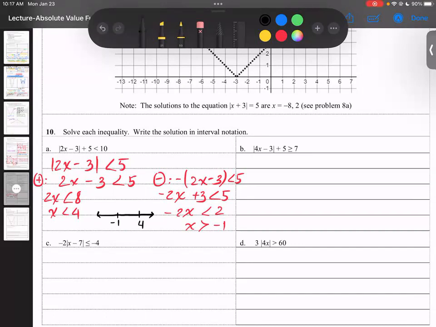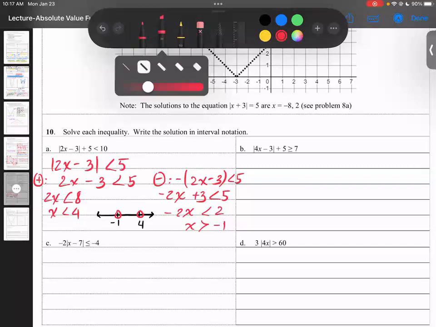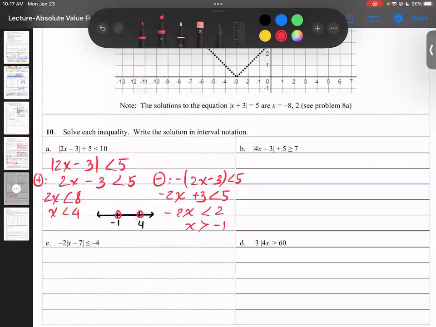Are negative 1 and 4 included? No, so I'm going to put a hollow dot around them. X is less than 4. It goes that way, right? And x is greater than negative 1. It goes that way.